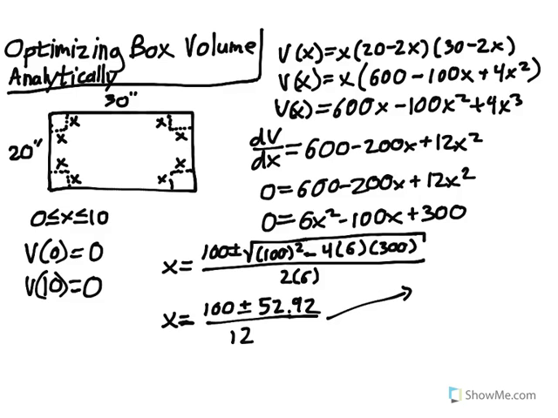If you take a look at your two possible answers, if the plus or minus is a positive, you get x equals 152.92 over 12. That's going to be higher than our maximum value of 10. So this is not a valid solution.